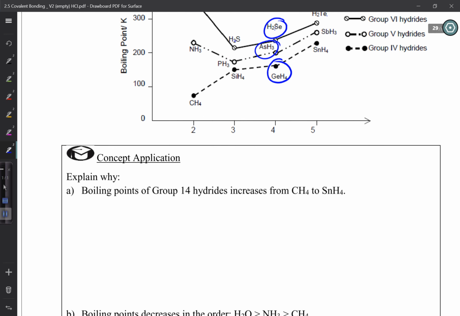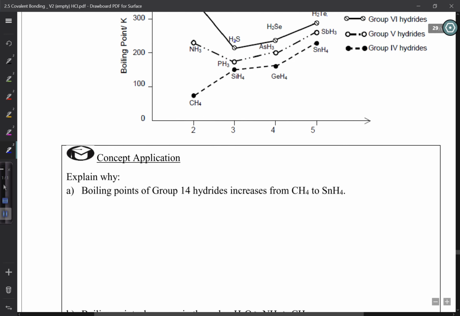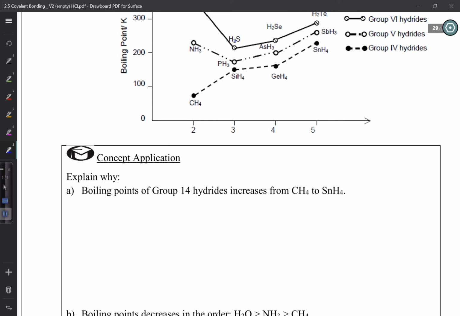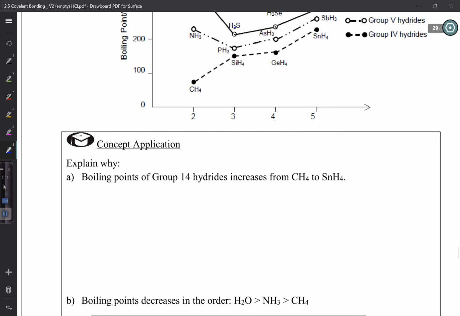Explain why boiling points of group 14 hydrides increase from CH4 to SnH4. In other words, the bottommost line. Why does it increase? That's because of the greater number of electrons. So you have to know how to explain.